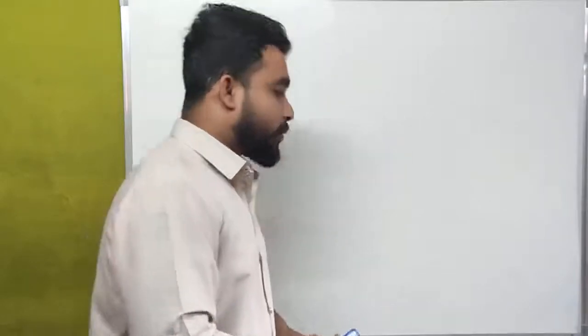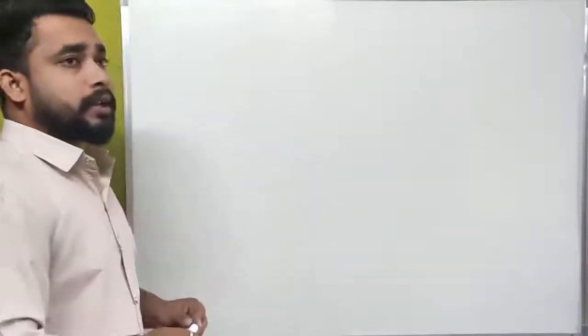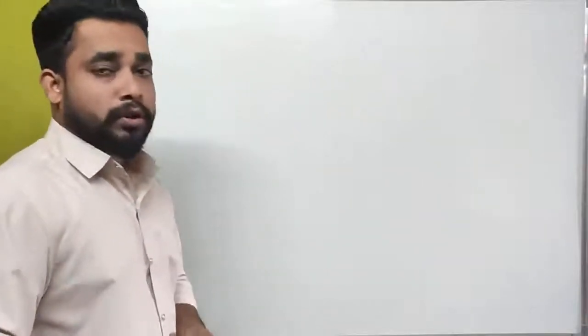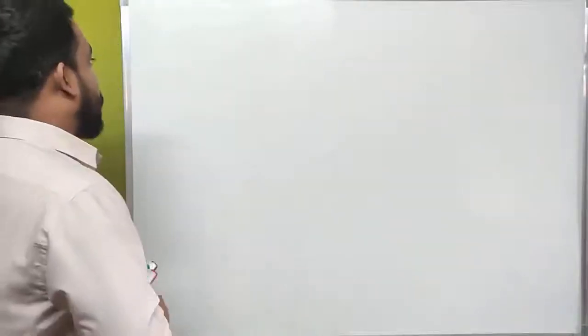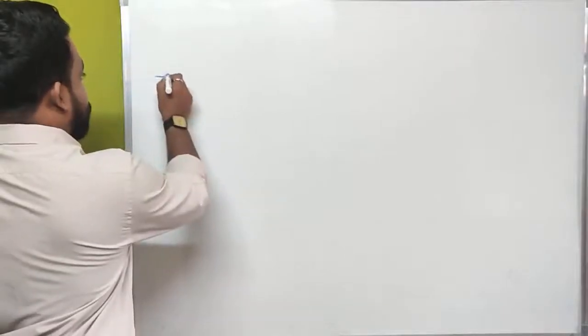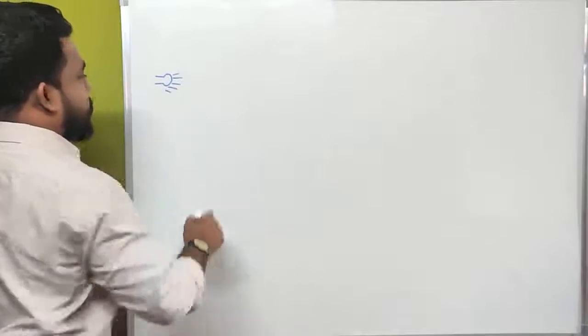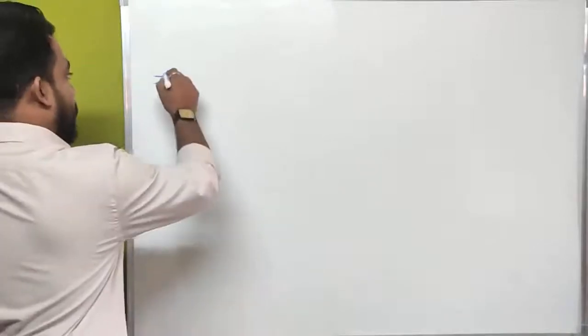For that, we have to initially consider a monochromatic source of light. For example, let us assume this as our bulb. This is producing monochromatic light.